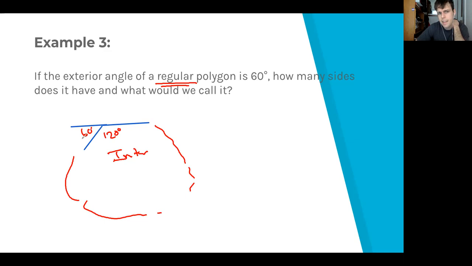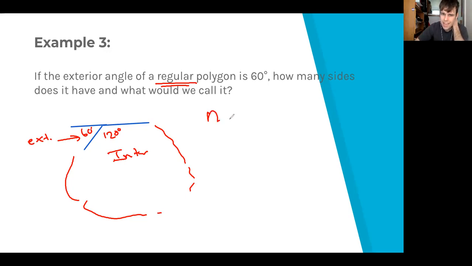Instead, let's think about the exterior angle. If we know the exterior angle here is 60, however many we have, they have to each be 60 because they're each supplementary to the interior angle, which are all the same in a regular polygon. And we do know that when I add them all together, they have to equal 360.